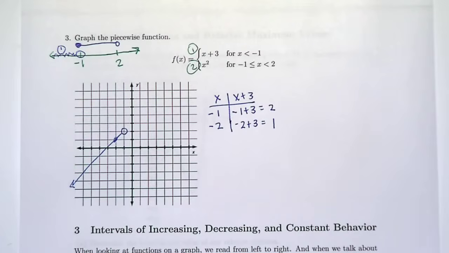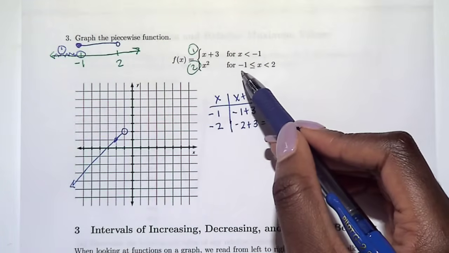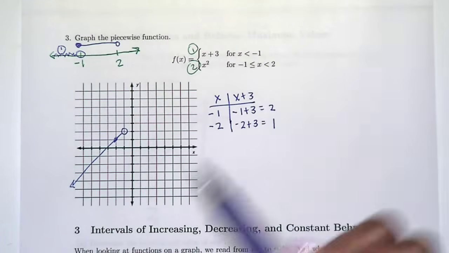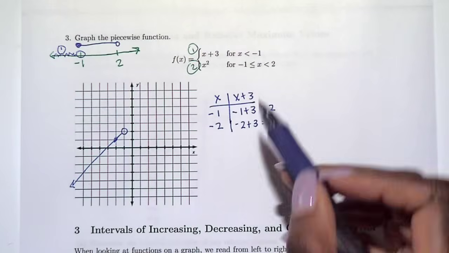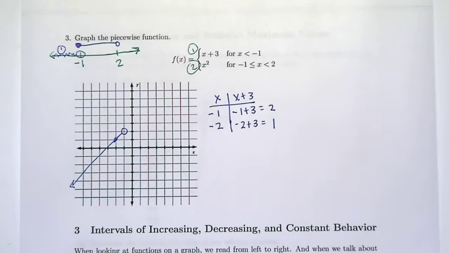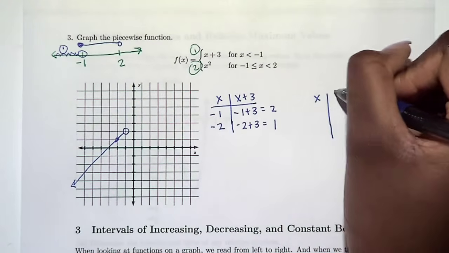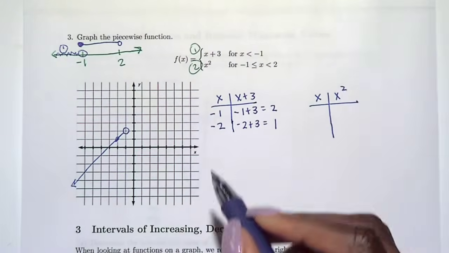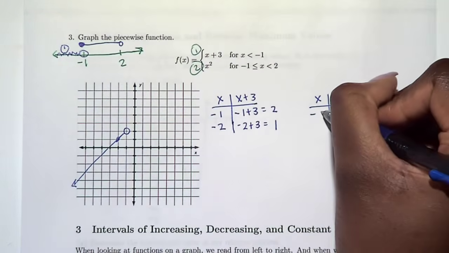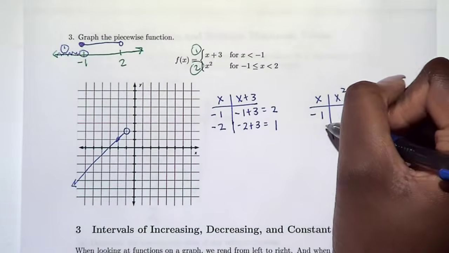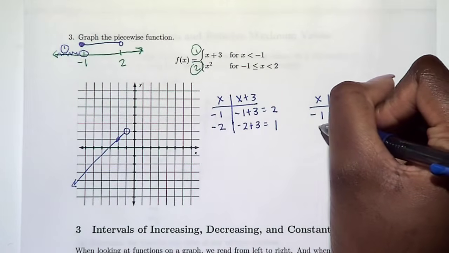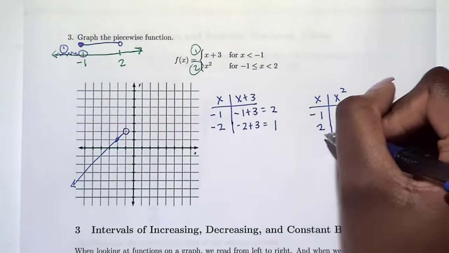Part 2, we do want to include -1 through 2. So we know it's a parabola, it's x squared, all right, parabola centered at the origin. So let's go ahead and get some points as well, x and x squared. So I'm going to get my key points like -1, which is included, also 2, maybe something in the middle may be helpful.